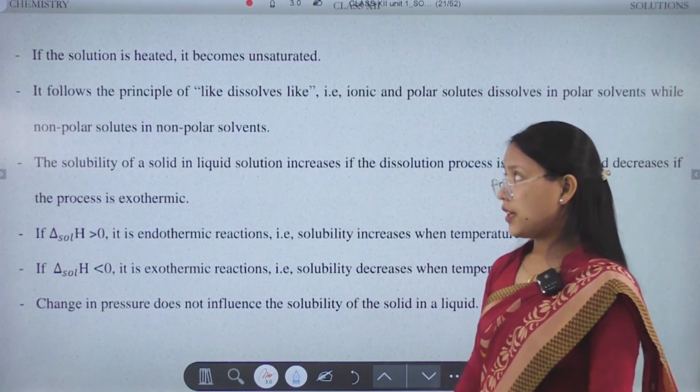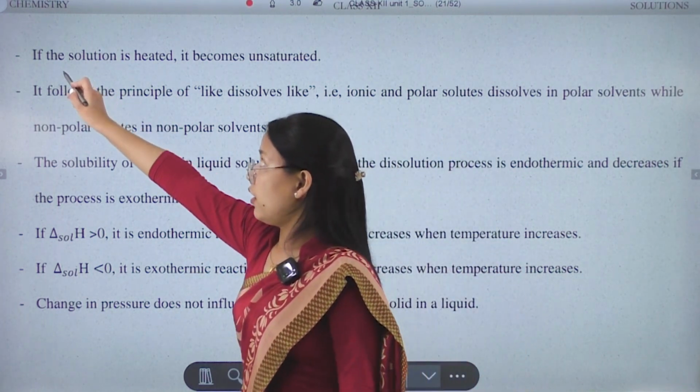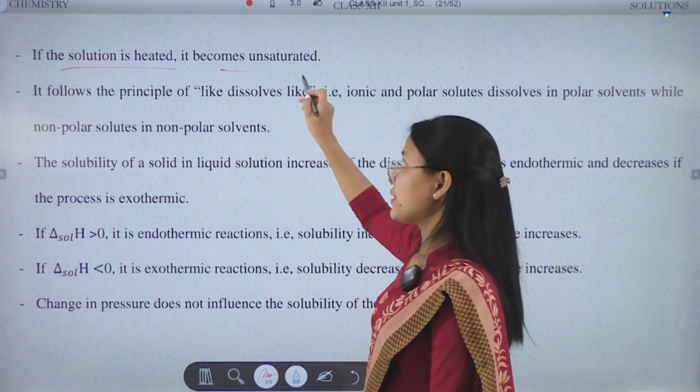Then next, if the solution is heated, it becomes unsaturated.